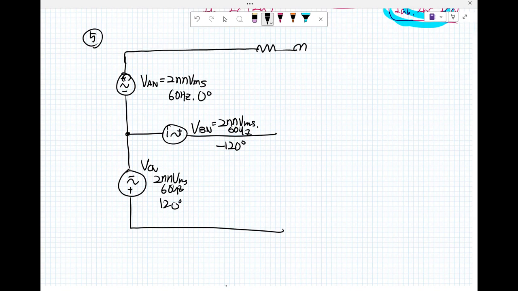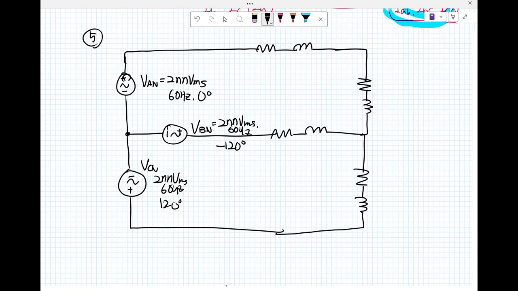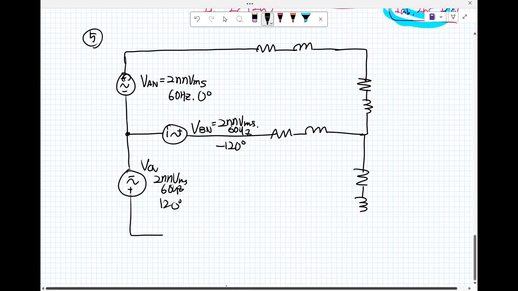And R inductor, R inductor, R inductor. So that was R 1.5 ohm, and L 0.9 ohm here.